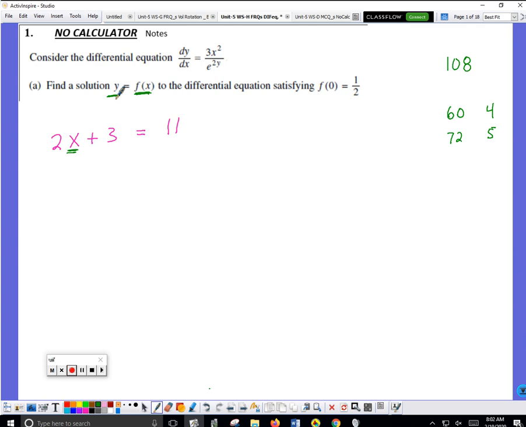In other words, you're trying to find some formula like y equals x squared, so that when you take the derivative of that formula, you get this differential equation. So this is not the correct solution, because when I take the derivative of this formula, I'm not getting this differential equation.